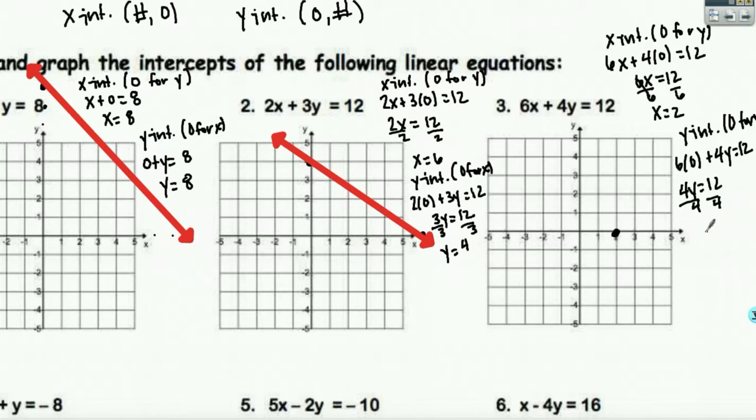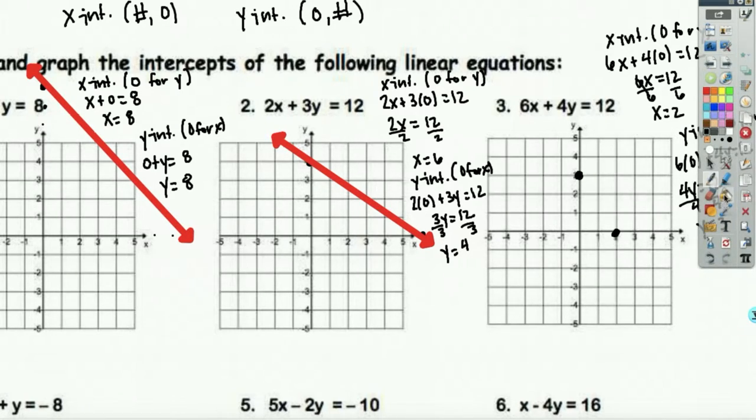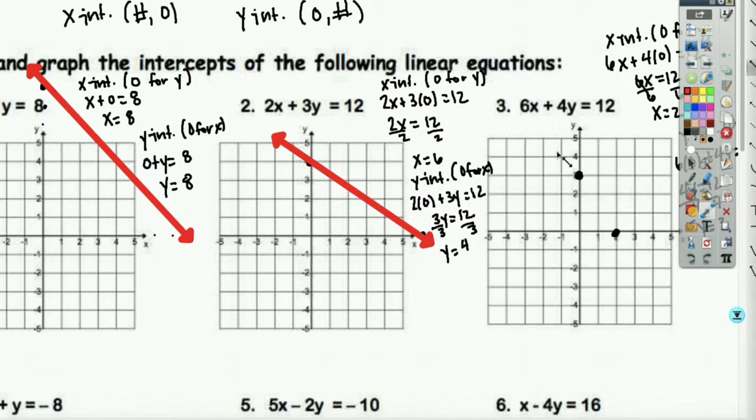Divide both sides by 4, and we'll end up with y equals 3. So on the y-axis, we'll go to 3, put a point. Once we get 2 points, our x-intercept and our y-intercept, we'll connect those, and we'll have our line.